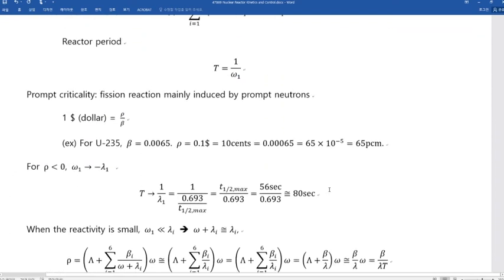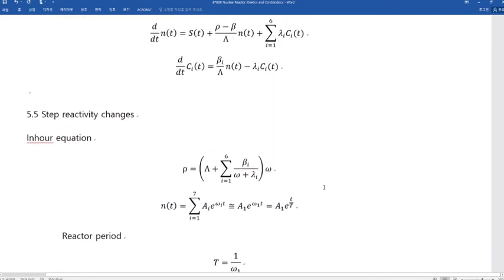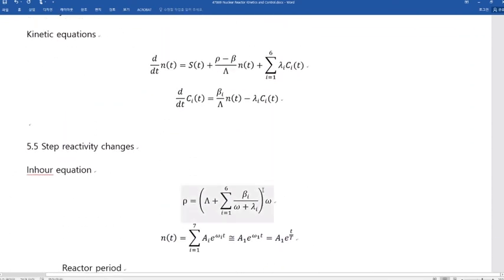So we are going to start from the kinetic equation.